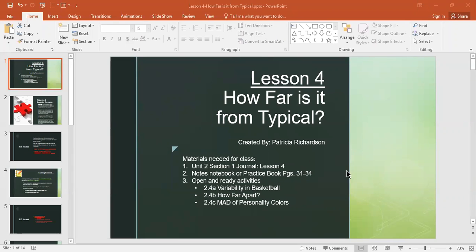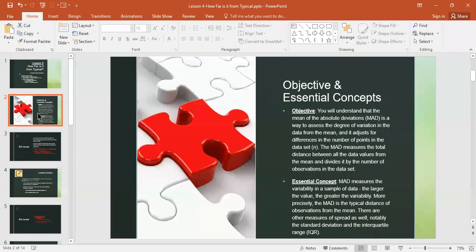Okay. So to get us started, I want us to take a look at our objective and our essential concepts. So as I mentioned earlier, we spent 2 days or 2 lessons, I should say, on looking at measures of center, right? We looked at the mean. So we learned about the mean as the center or as an idea of typical.